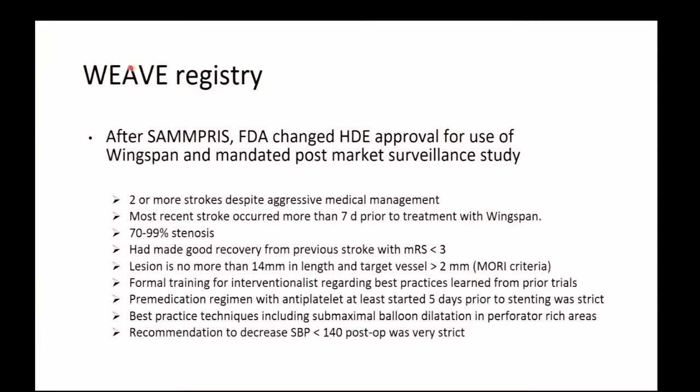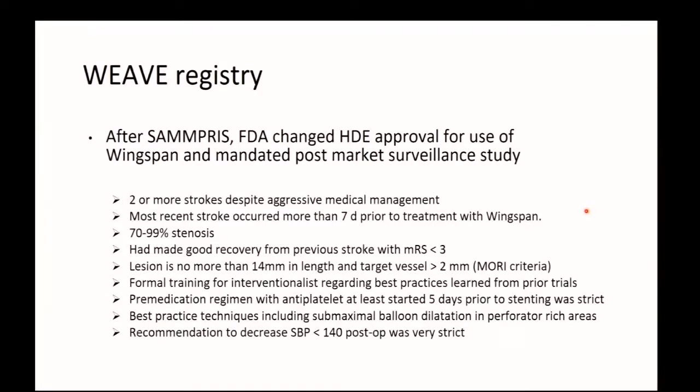They required two or more strokes despite aggressive medical management, and the most recent stroke occurring more than 7 days prior to treatment with the Wingspan. As we said, the time from randomization to treatment with the Wingspan in Sampras was very short.